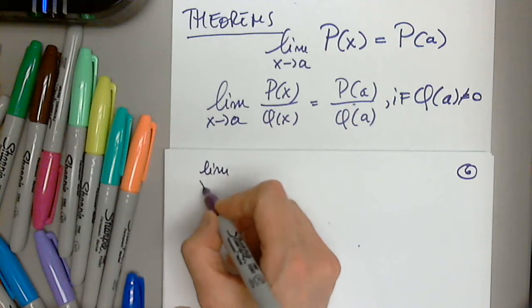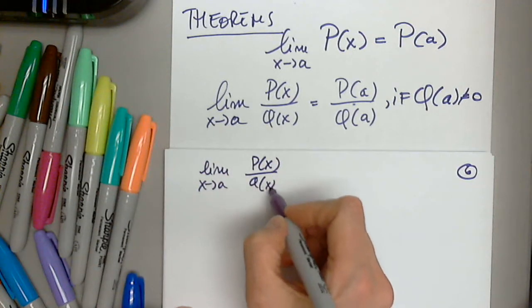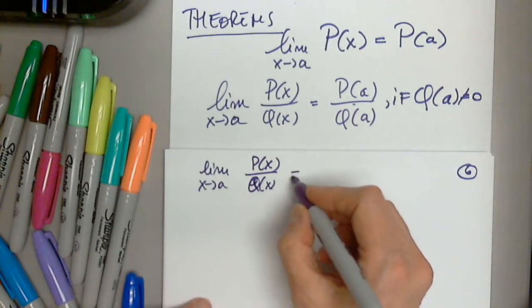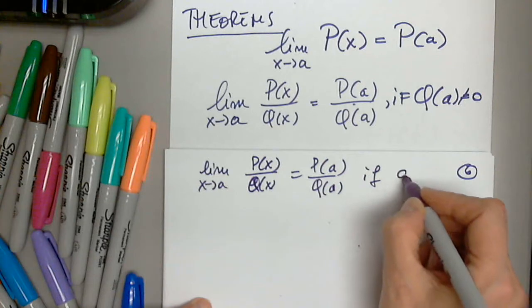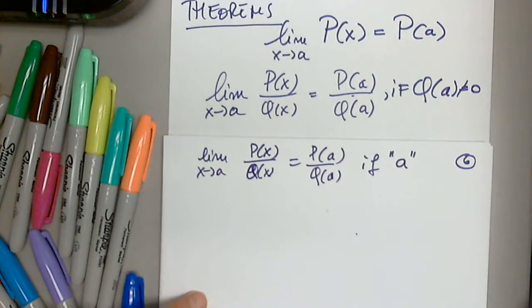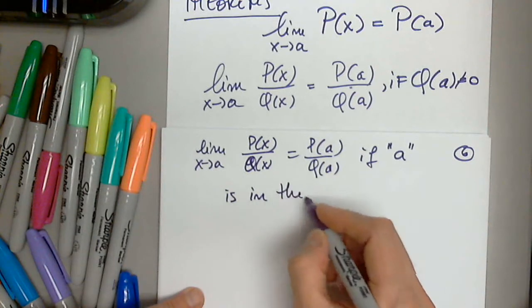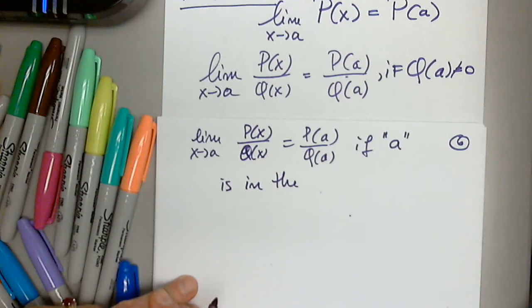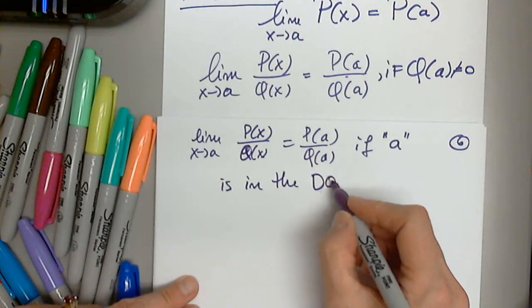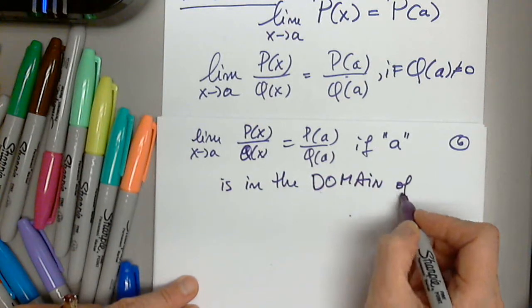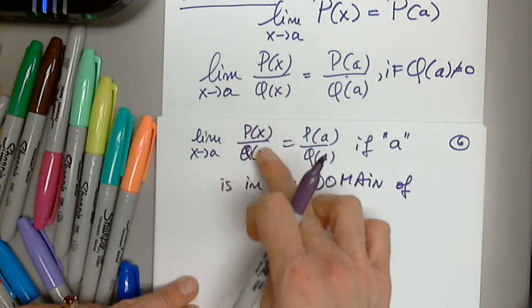So limit as x approaches A from either side of P of x over Q of x is P of A over Q of A if A, the little a, is in the domain of this function.